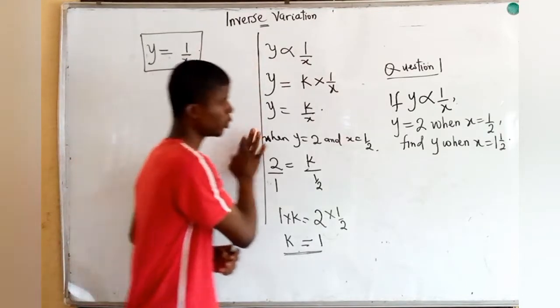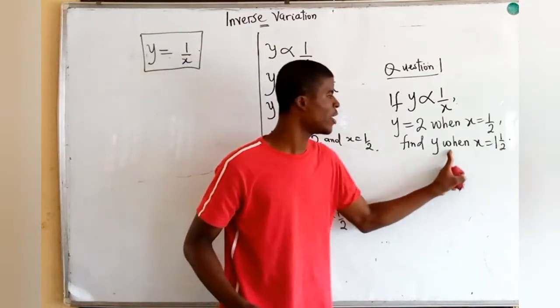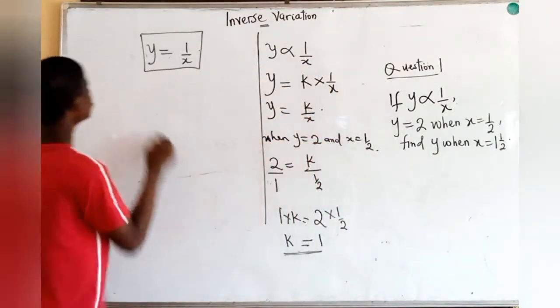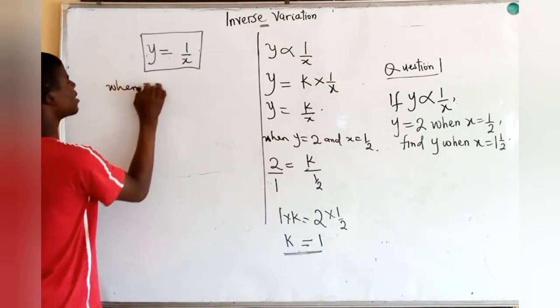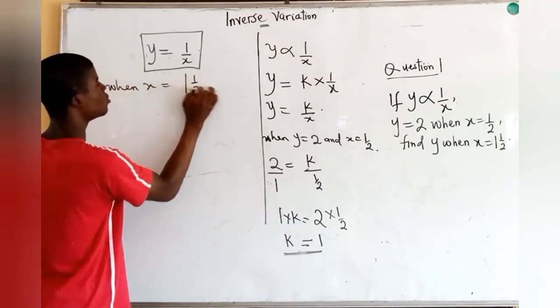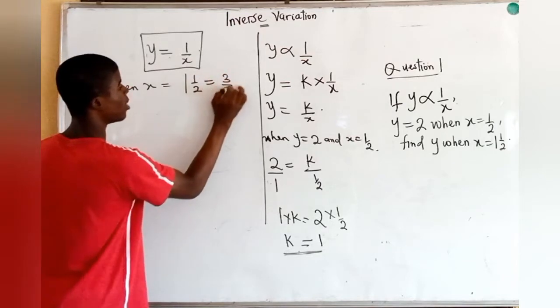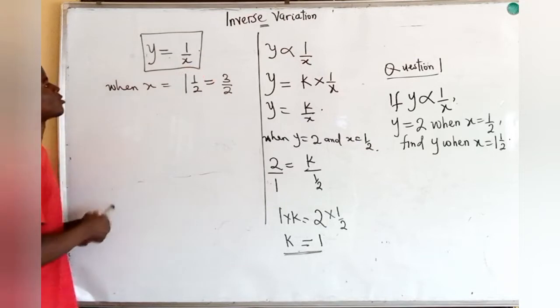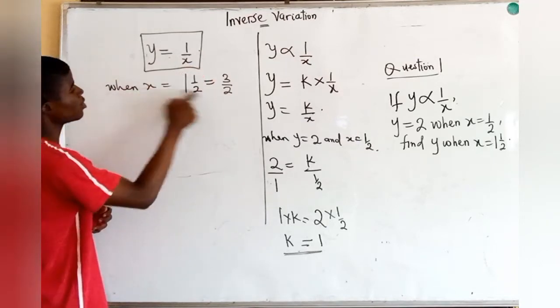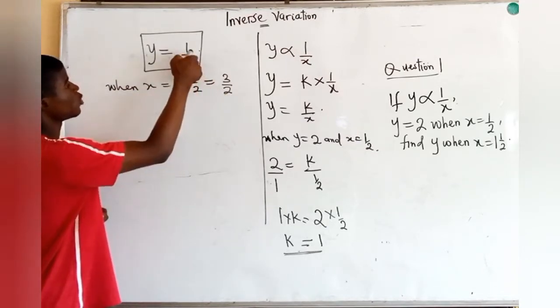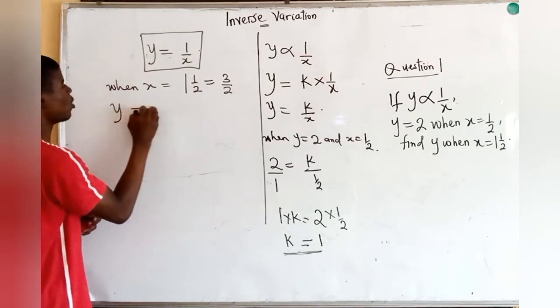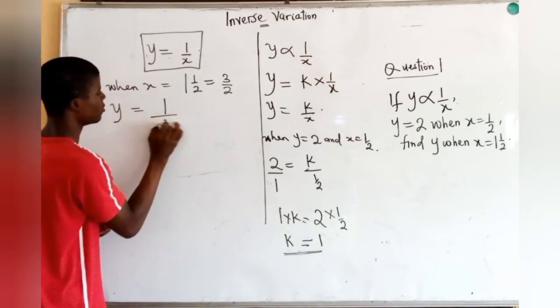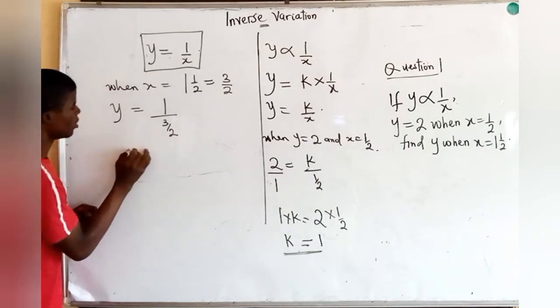So from this formula now, we can solve any other question. It says, find y when x is 1 over 1 over 2. So when x is equal to 1 over 1 over 2, this is equal to 3 over 2 by simplifying, by expanding this fraction. So I will now substitute for the value of x here, which is 3 over 2, into this equation. I have y is equal to 1 over 3 over 2. So let's just simplify.